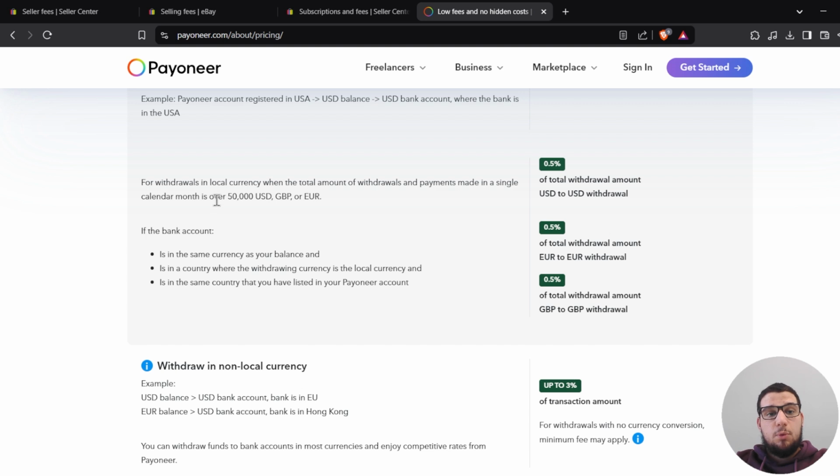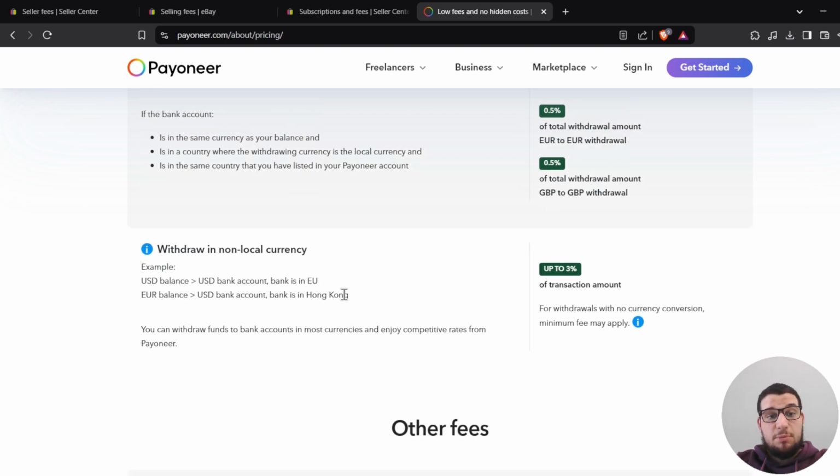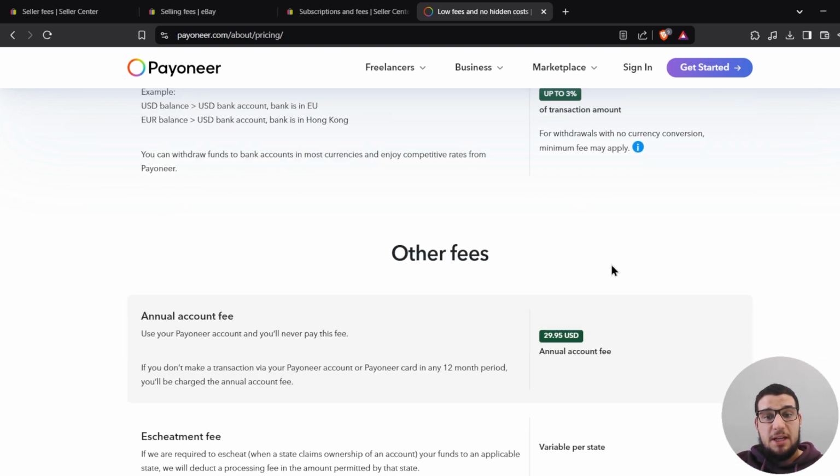If you withdraw above $50,000, it will be 0.5. If the bank account is in the same currency, in the same country, and everything checks out, you're also paying 0.5%. If you are doing it in non-local currency, which might be the case for most of you, for example, you have a USD balance and then you're getting paid out in Europe, you're going to pay 3% of the transaction amount, and that's basically it.